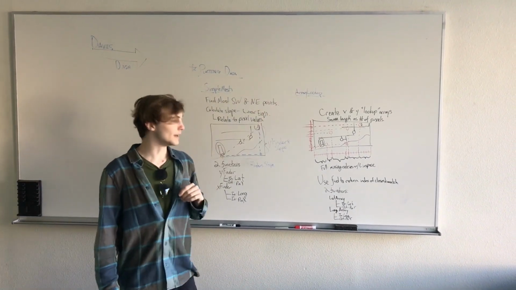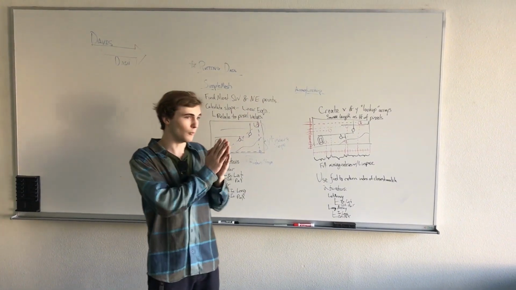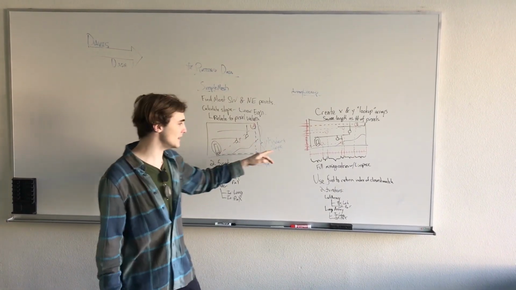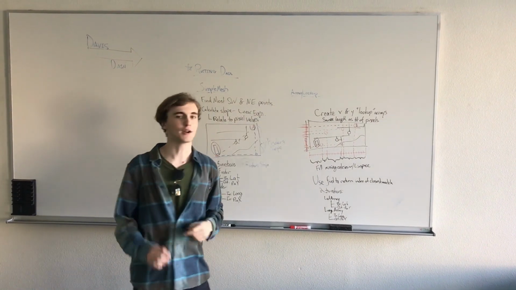Our second one, array lookup, creates lookup arrays, which are one-dimensional arrays that have the same length as the number of pixels in the x direction and the number of pixels in the y direction, respectively.